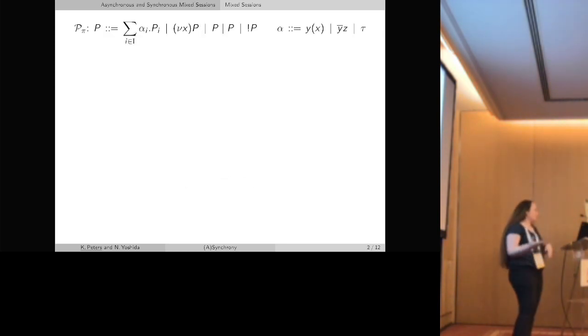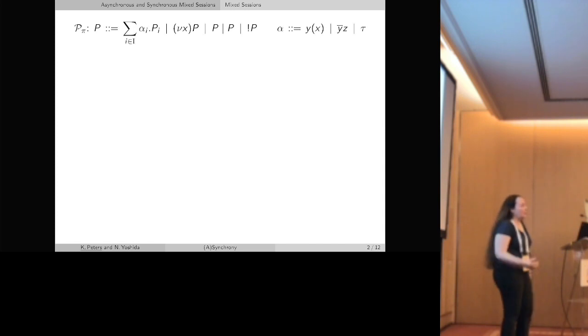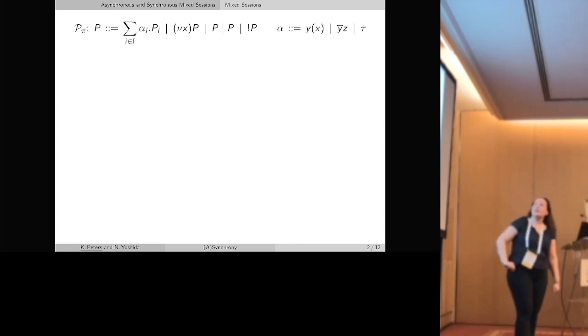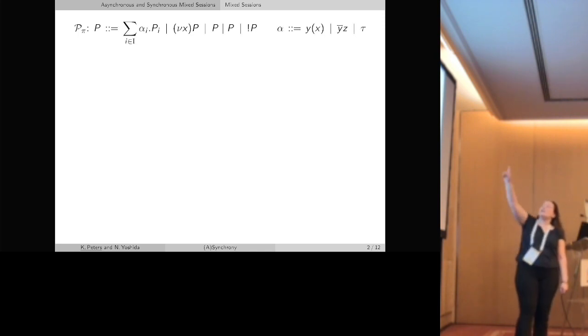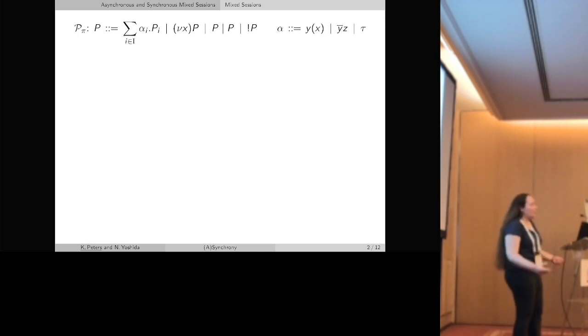So we start with the pi calculus. Here, this is the full pi calculus where you have the choice construct on the very left, and on the right you have the prefixes that can appear in the choice, and you see that there is an input and there is an output, so you can have choices in that inputs and outputs can appear mixed, right?